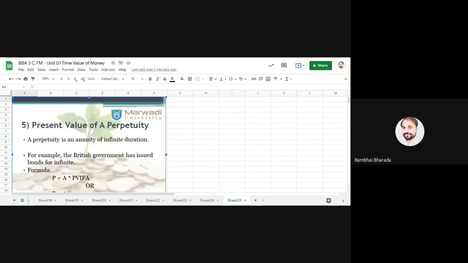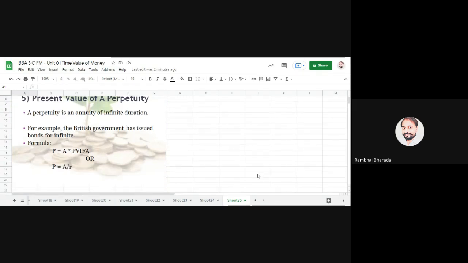It may be 5 years, 10 years, 20 years, 50 years, 100 years, 200 years. Up to that unlimited period. The concept is clear, and you will be surprised that the formula is very simple. Your present value is equal to your annual outflow or annual investment divided by rate of interest.